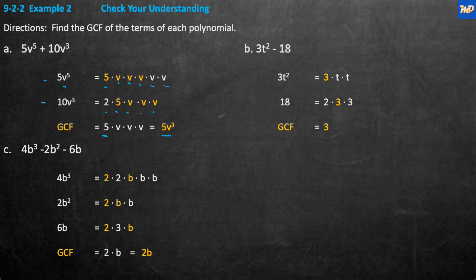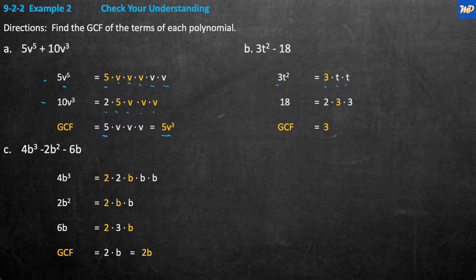Let's try B. So we have 3t squared minus 18. So 3t squared is 3. There's a 3 in here, right? There's a 3. And 2 t's, 3 times t times t. Okay, then we go to the 18. There's no t at all, so guess what? We're not going to have a t in the greatest common factor. 18 breaks into a 2. 2 into 18 is 9.